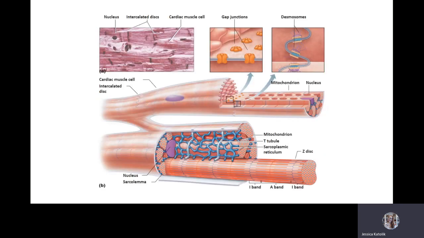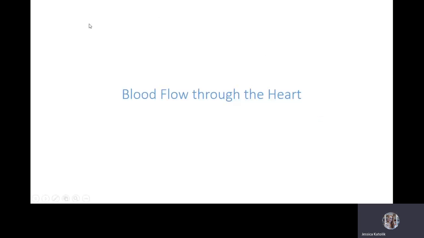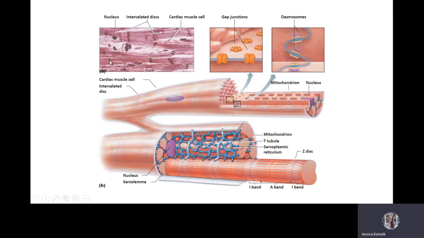This image tries to illustrate that a little bit better. Over here, what we can see is a light microscope image. You can see the striations that are the result of the sarcomeres, and then we have darker bands over here that have been dyed. Those are the intercalated discs.